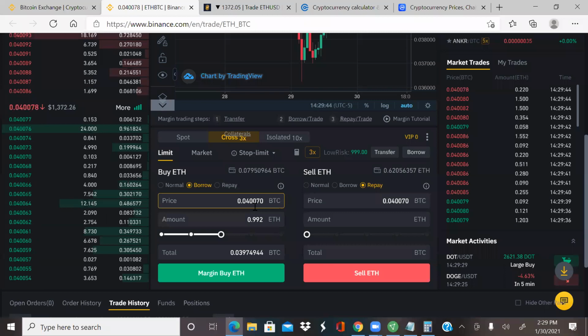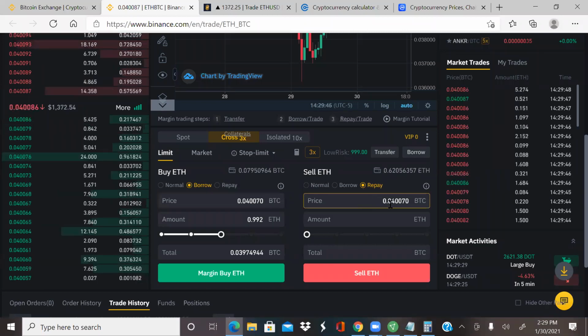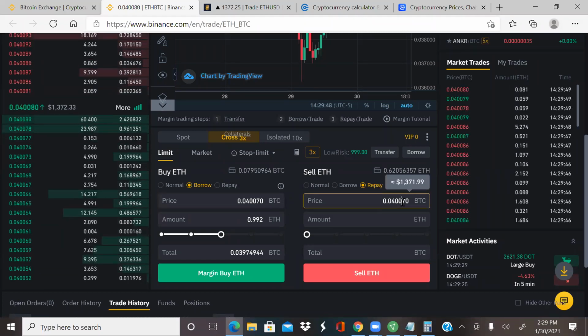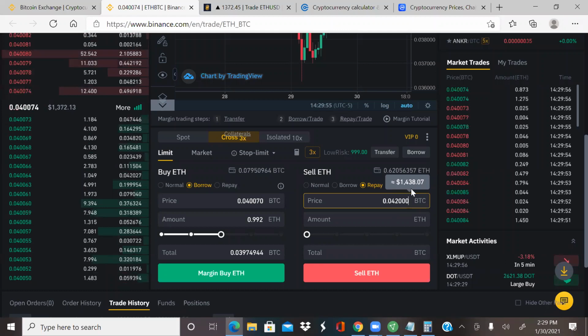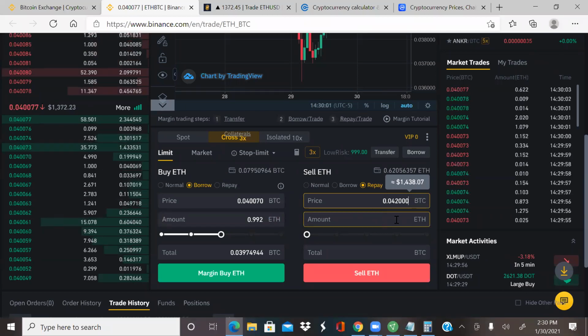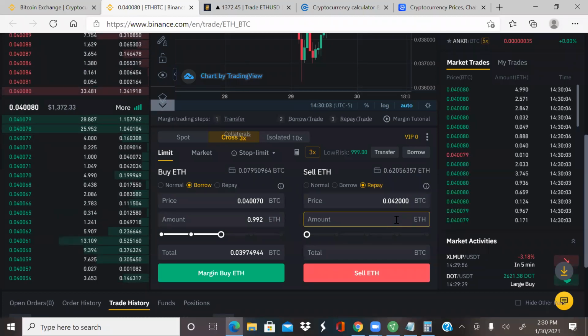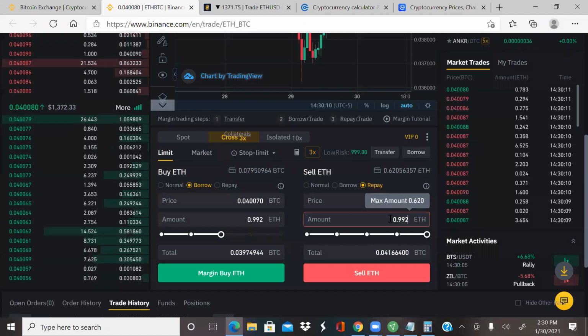So when I'm selling and I click on repay at 42,000 Satoshi, I'm just going to write the amount of Ethereum I actually bought, which is 0.992. I don't have up to that, that's why it's telling me. But if I already bought, it should have added it there.